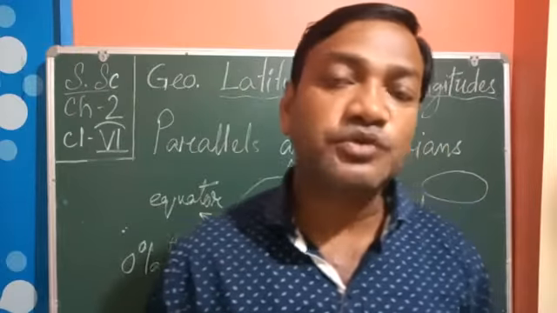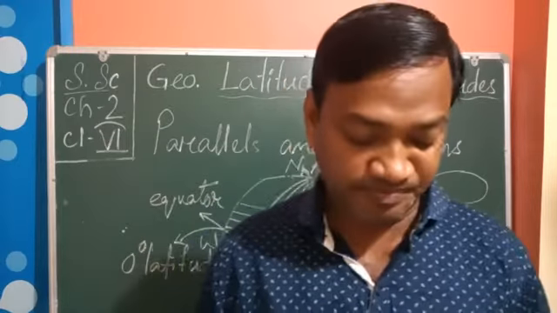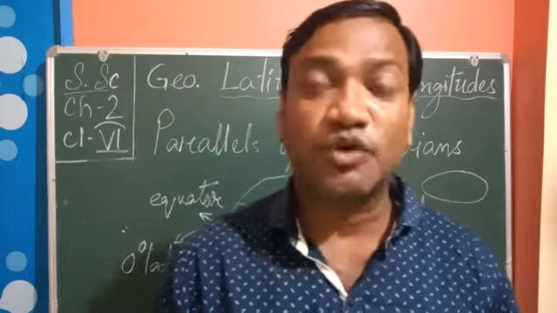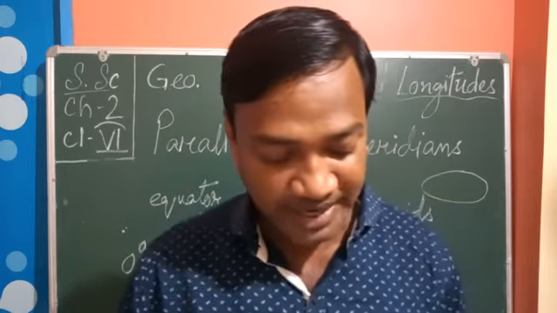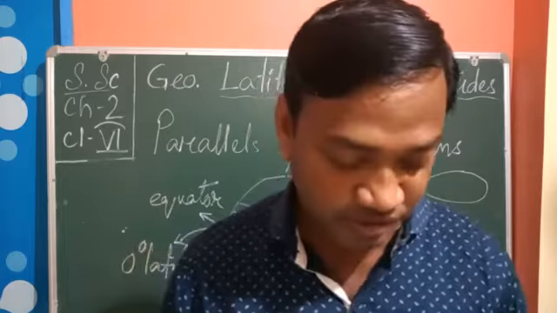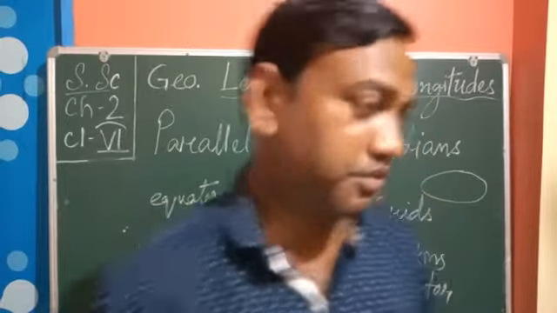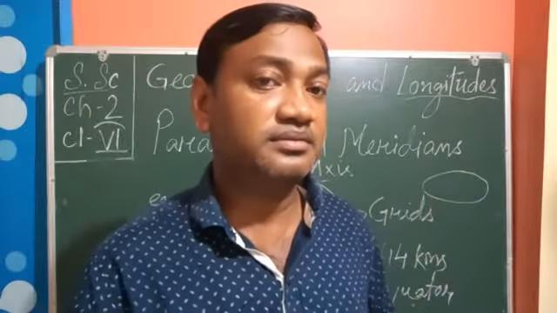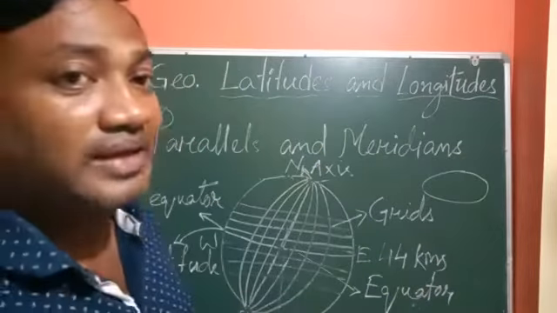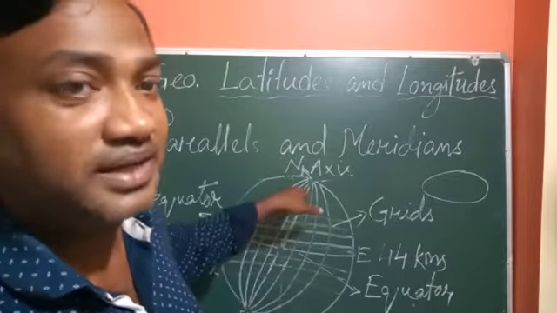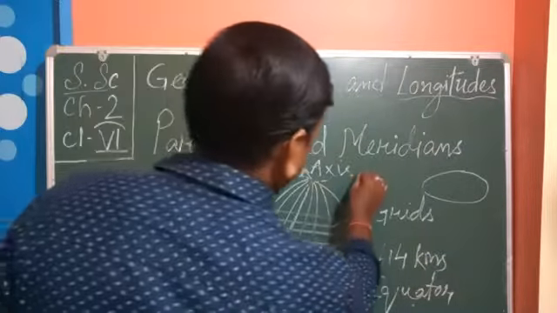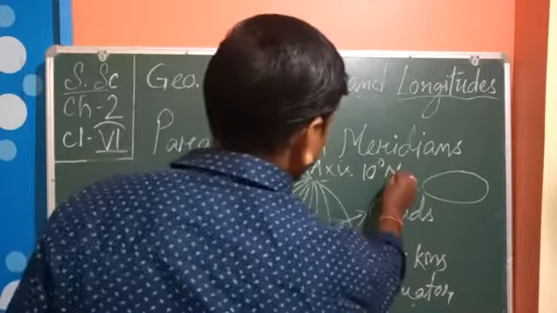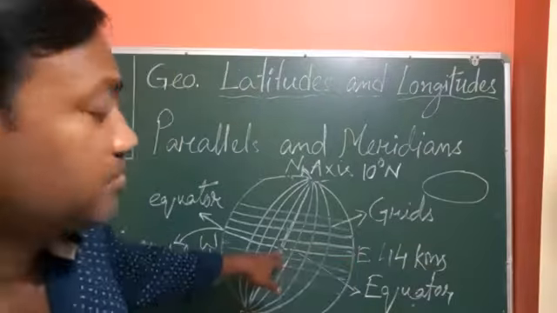While writing the latitude of a place, how to write? The letter N or S is always added to the angular distance, such as 10 degree north or 10 degree south. Suppose we have to write where the place is. We have to tell that it is in the northern hemisphere. Suppose the place is 10 degree north from the 0 point.